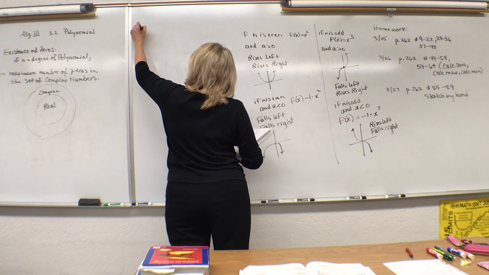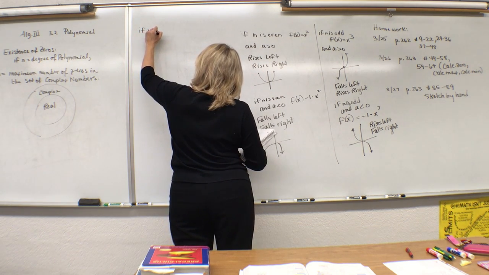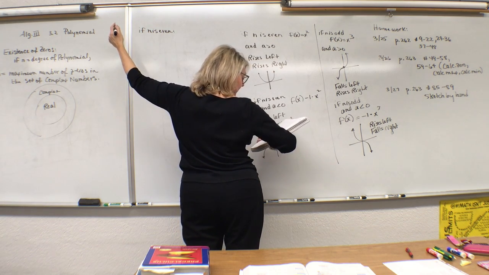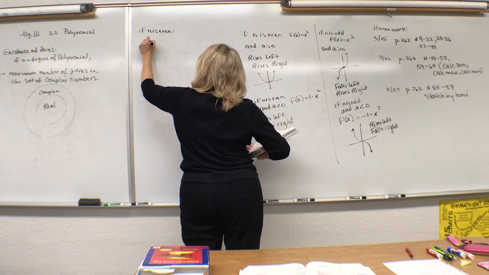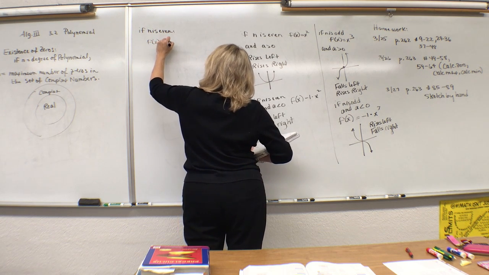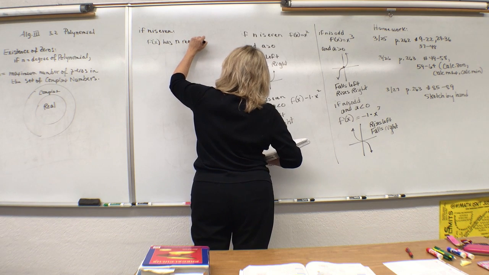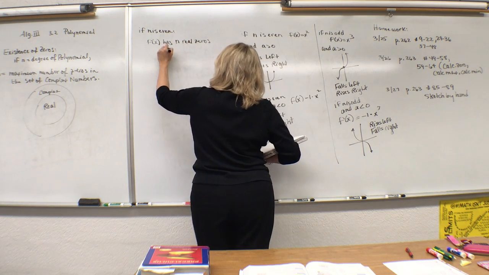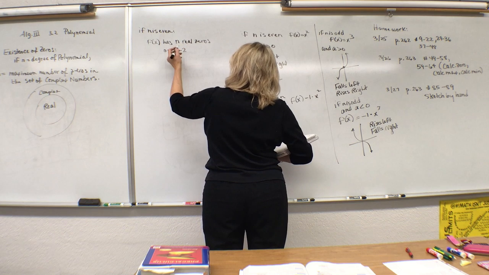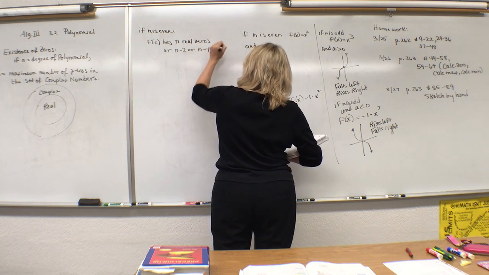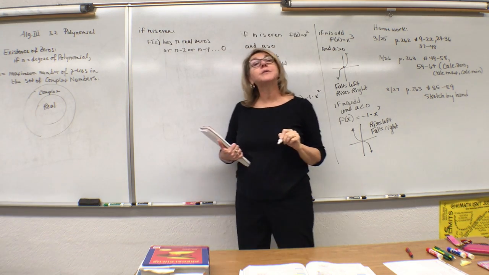If n is even, if the degree of the polynomial is even, then the zeros will exist this way. f of x has n real zeros, or n minus 2, or n minus 4, all the way down to no real zeros at all.